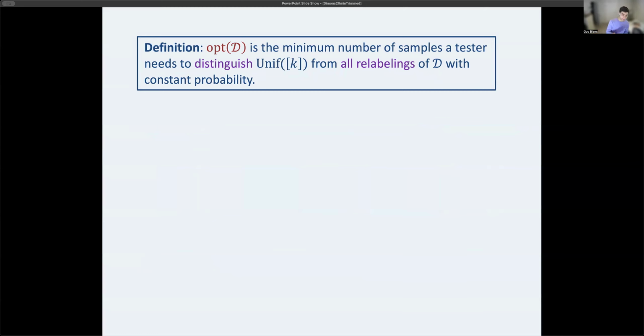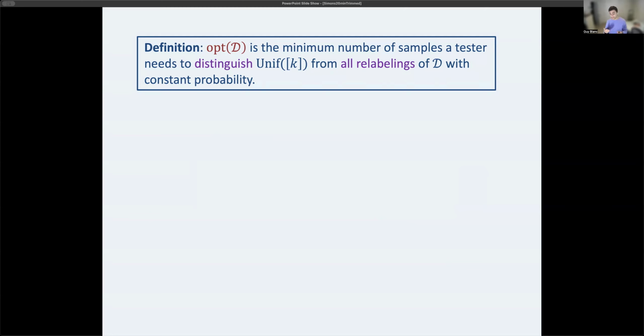So we're going to define opt to be the number of samples taken by the best possible tester that distinguishes the uniform distribution from all ways of relabeling the elements of D's domain. So in the case on the previous slide, it's like all ways of choosing a different half of the elements. This is a way of capturing that opt should not allow the tester to cheat and know which elements are special.